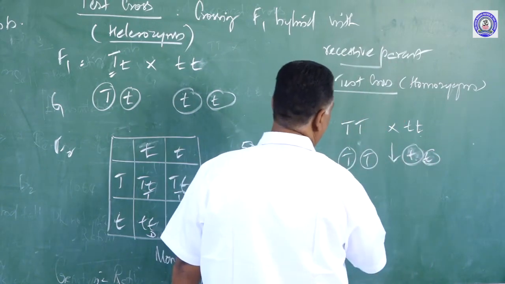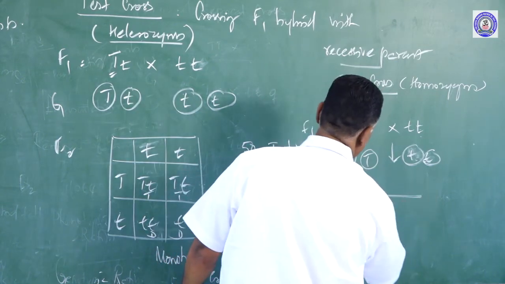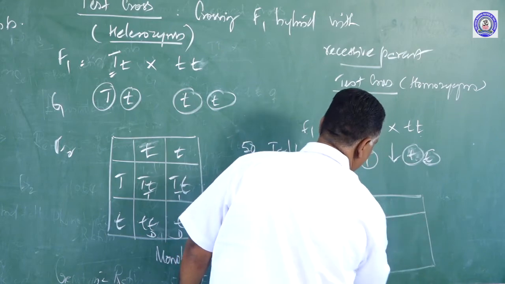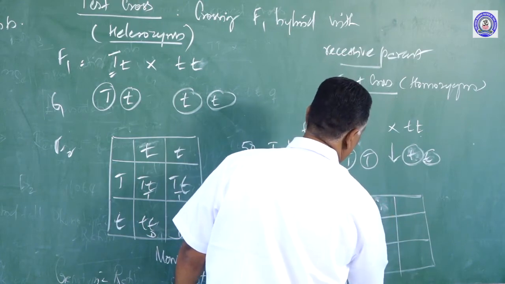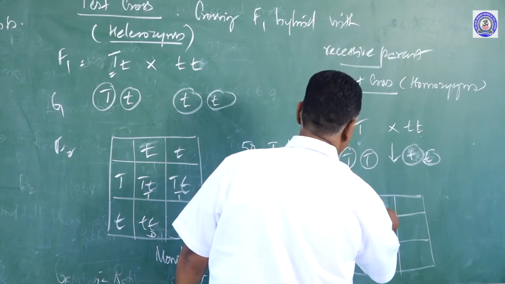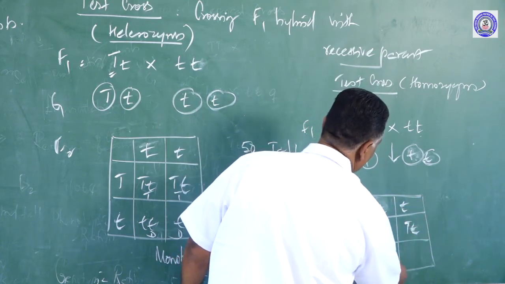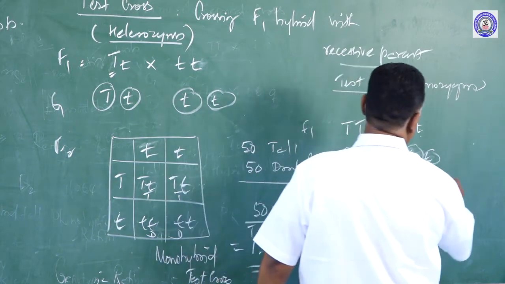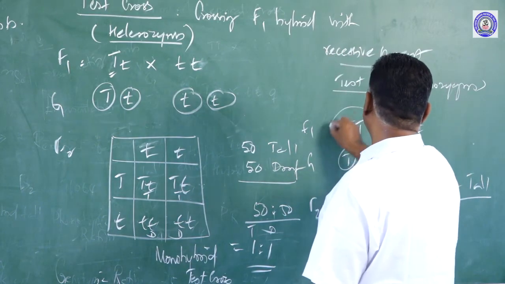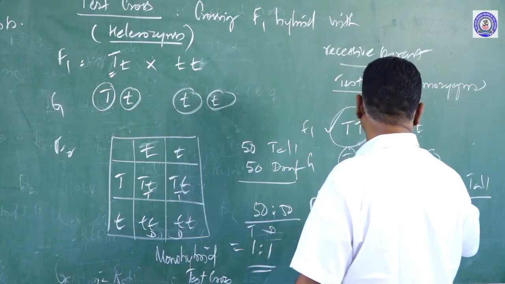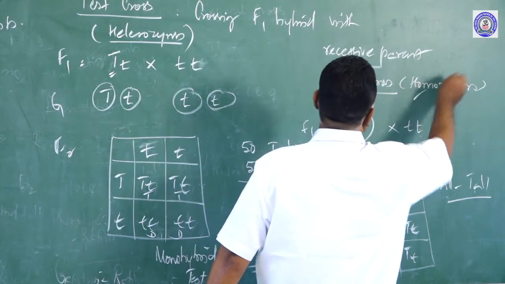If you cross, you will get in the F2 generation Punnett checkerboard, capital T, small t, capital T, small t, capital T, small t, capital T, small t. So, all will be tall. So, if the individual taken is homozygous, all the F2 individuals will be tall. That is why it is called homozygous test cross.